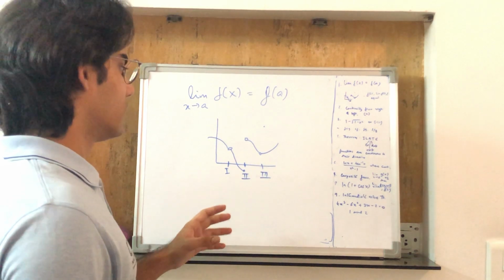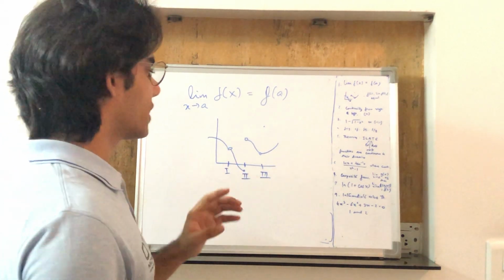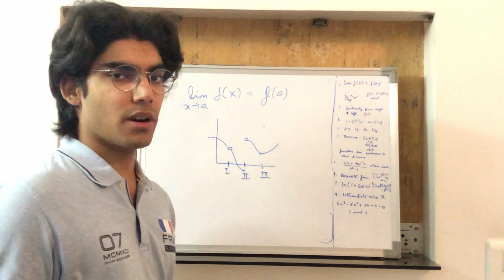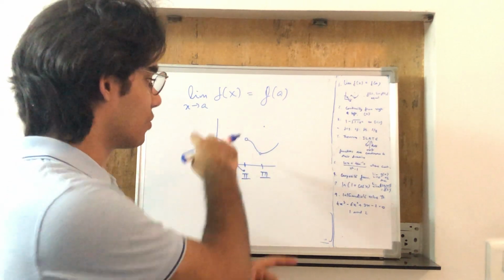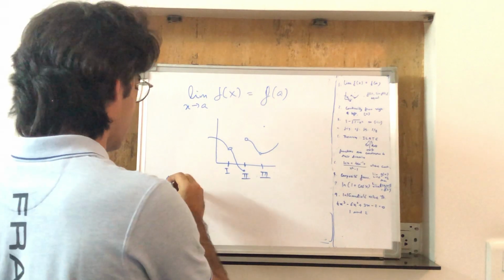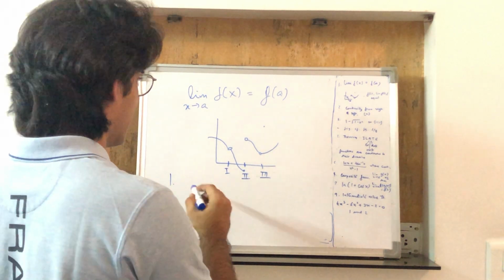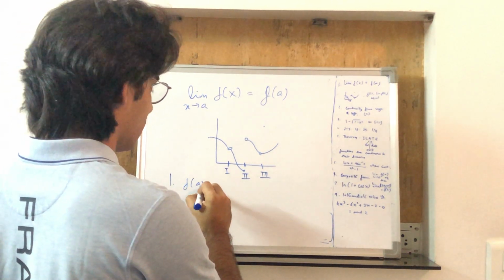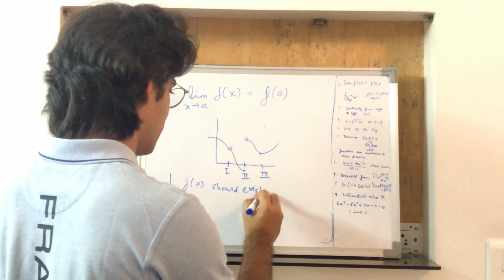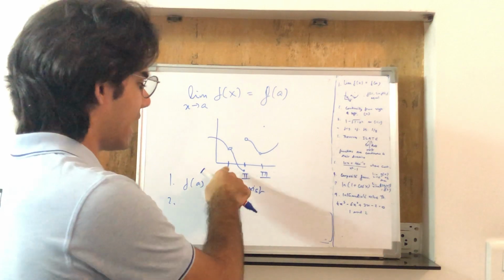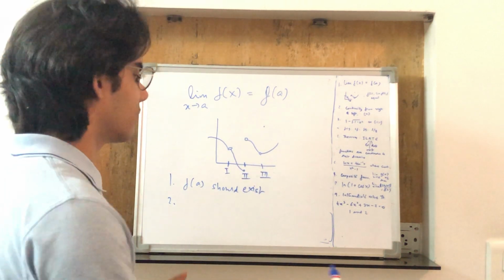At point 1, the function does not exist, right? There's an empty circle here, which means that this entire piecewise function that we just drew on the board is discontinuous. So the first condition is that f of a should exist, where a is 1, so f of 1 should exist, right?